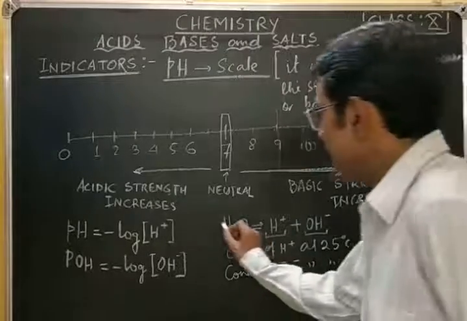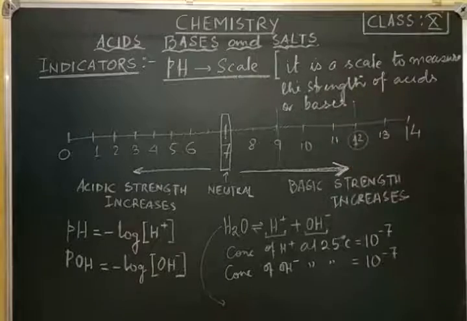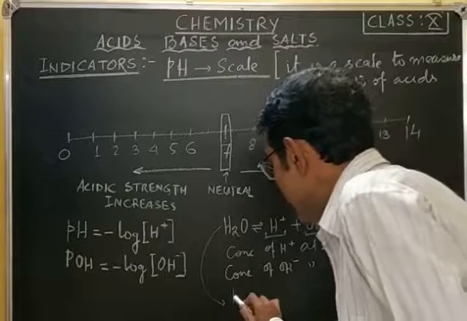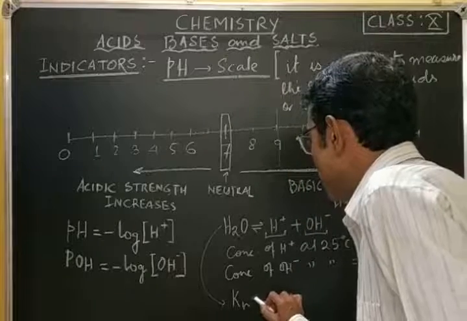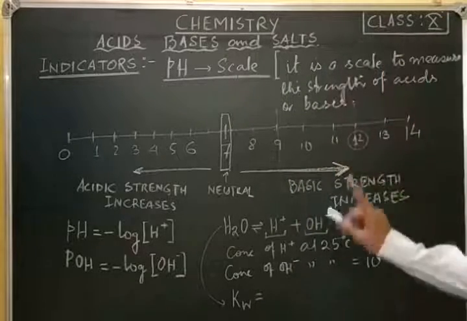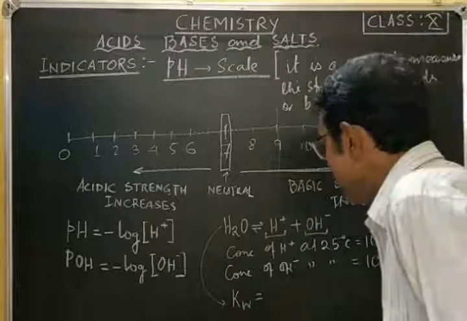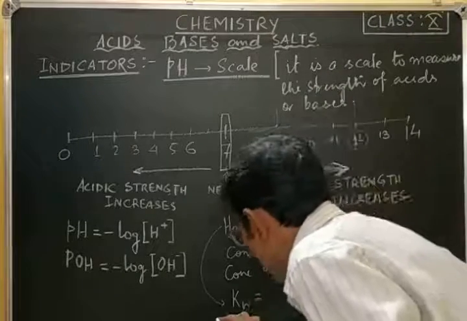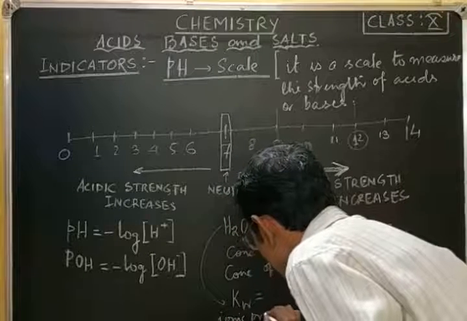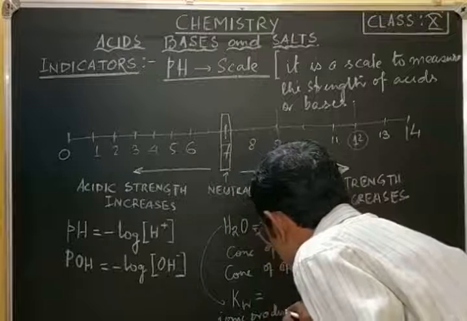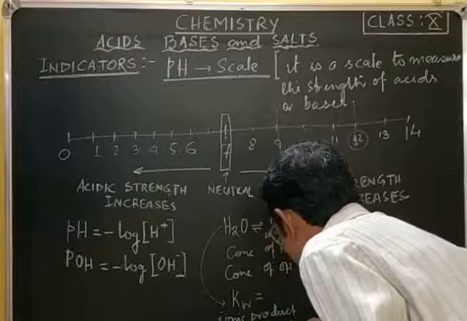So see here, this is called the ionic product of water. We can term it Kw. Ionic product means the product of two ions. It might be a little bit tough for you.